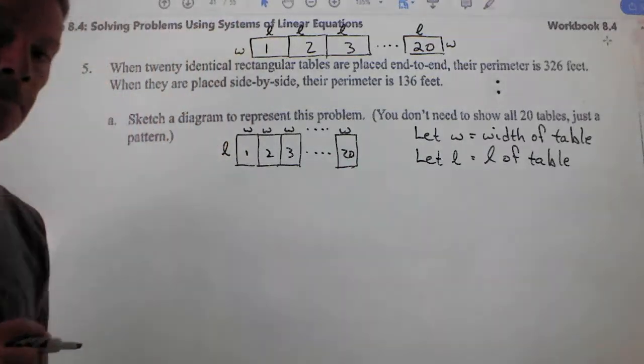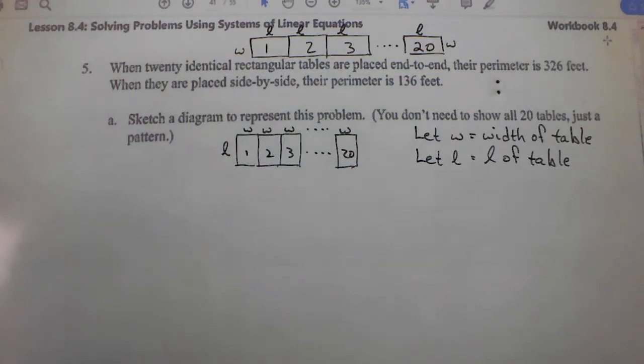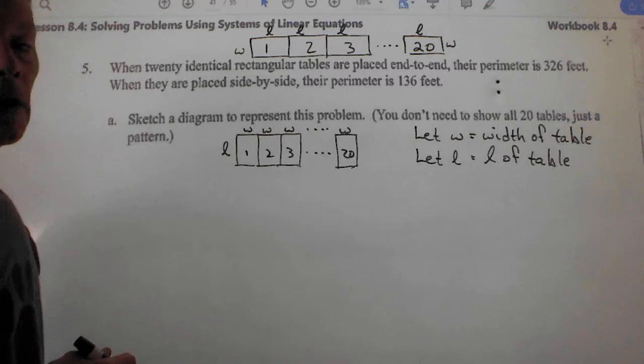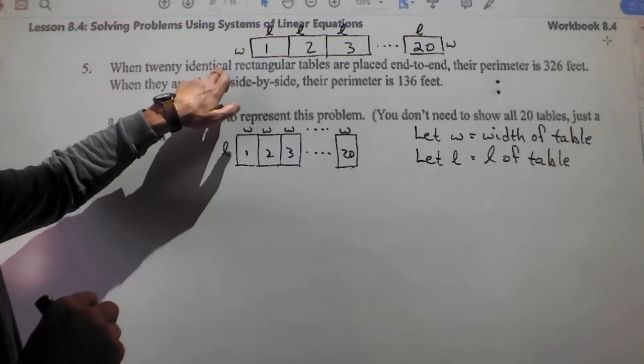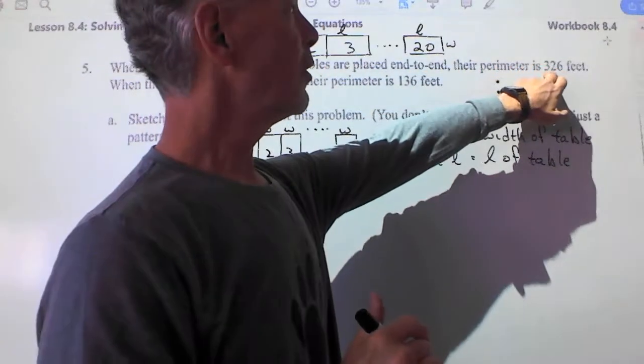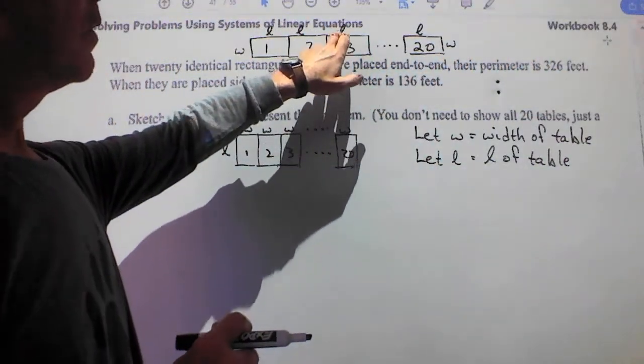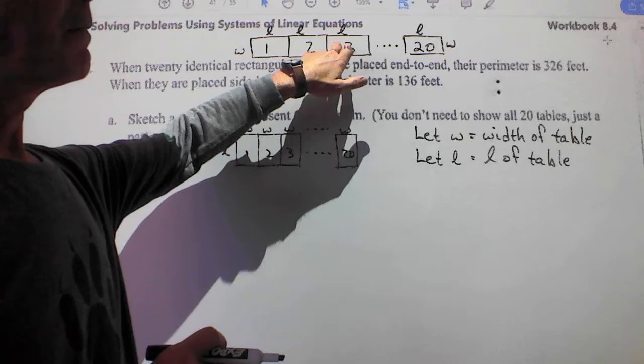Okay? So, now you have to come up with two equations. Now, in the first case, it says the perimeter is 326 feet when you arrange them like this.